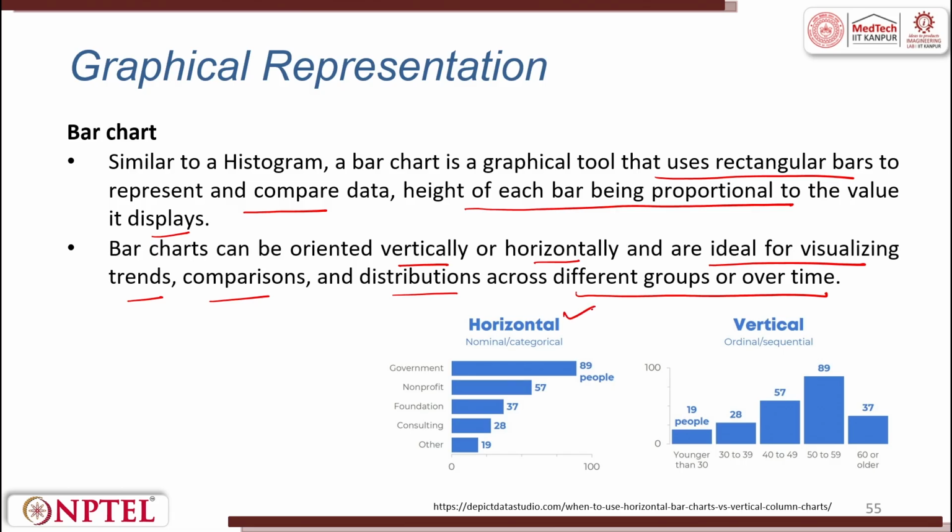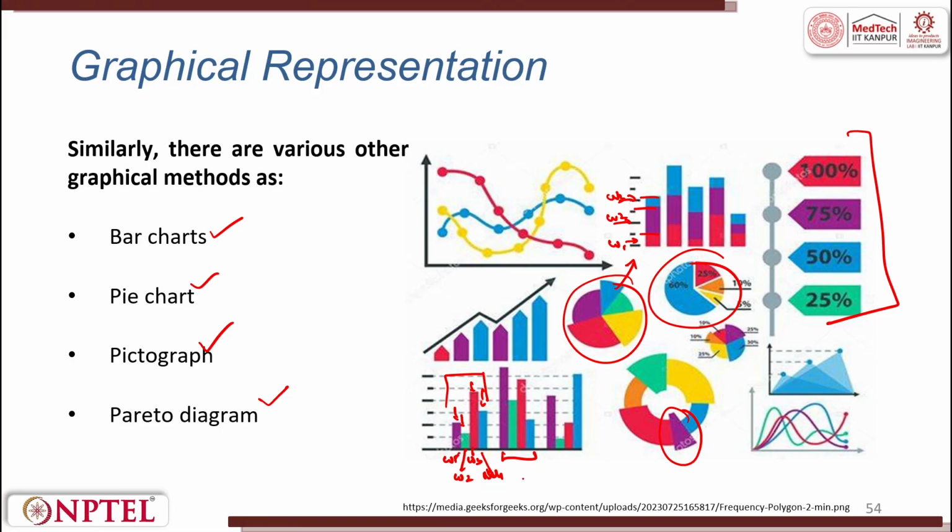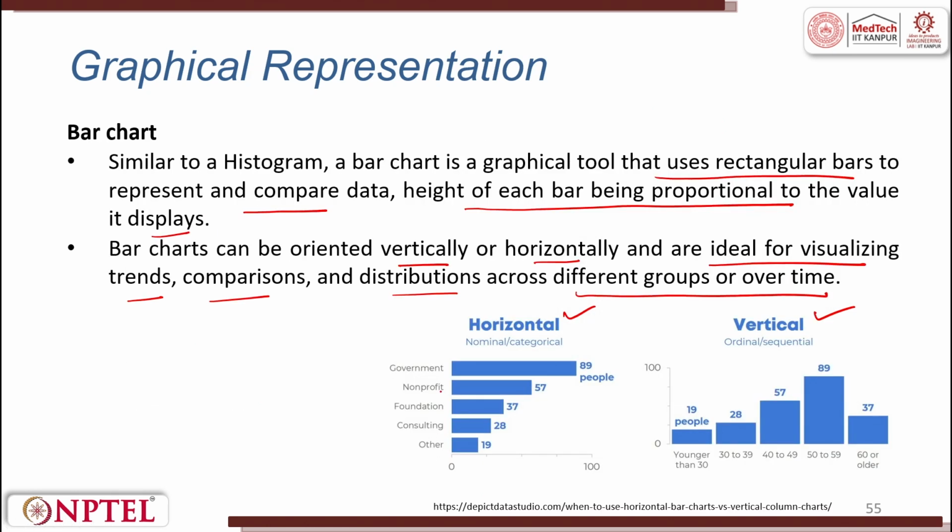This is a horizontal bar chart, this is a vertical bar chart, and what I showed you in the previous slide were horizontally stacked and vertically stacked bars. You see government, non-profit, foundation, consulting, other, the kinds of people being talked about, or different ages. This is the vertical stacked bar, between ages less than 30 to more than 60, and this many people are there.